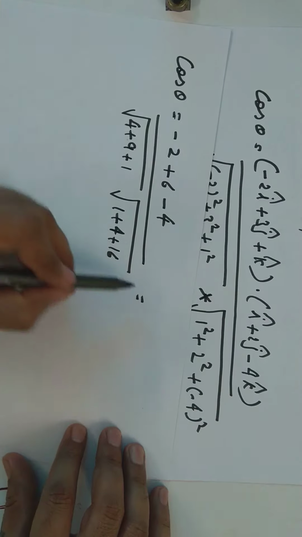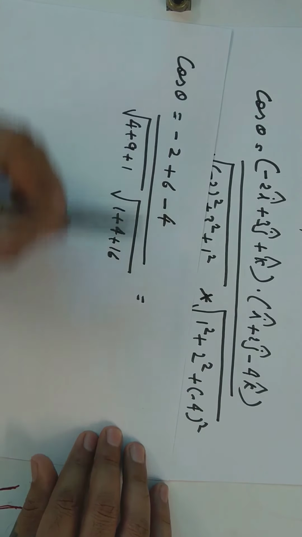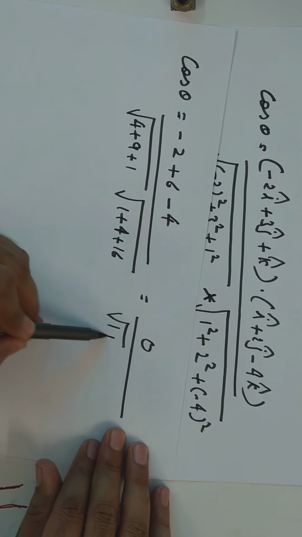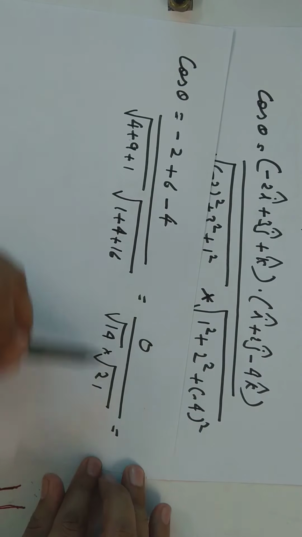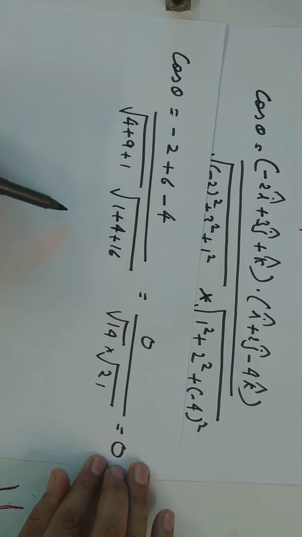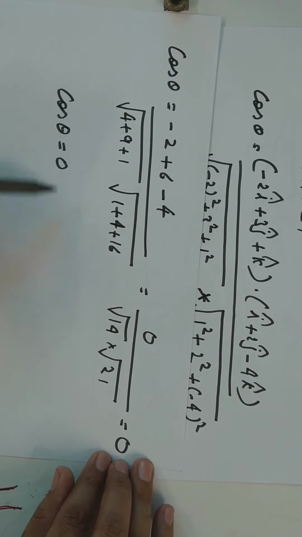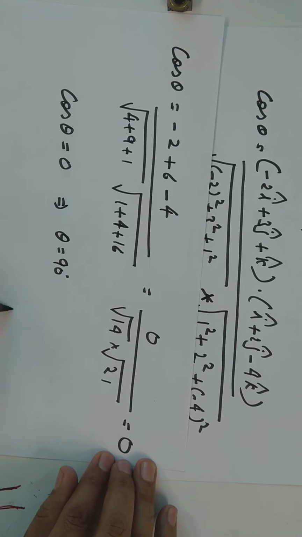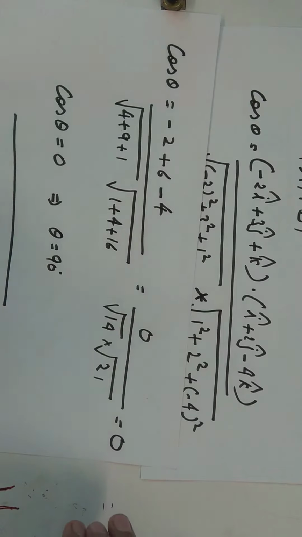So as we see, this becomes minus 6 plus 6, 0, upon under root 14 into under root 21. So 0 upon something is 0. So what we get, cos theta is equal to 0. This gives us theta is equal to 90 degree. So the angle between vector A and vector B is 90 degree. This is how we solve this numerical.